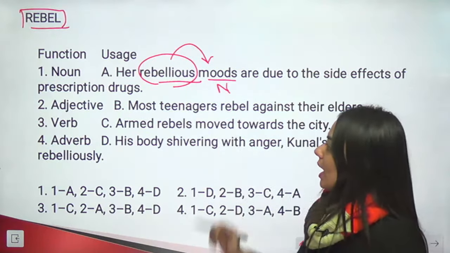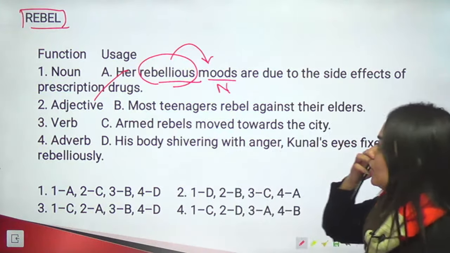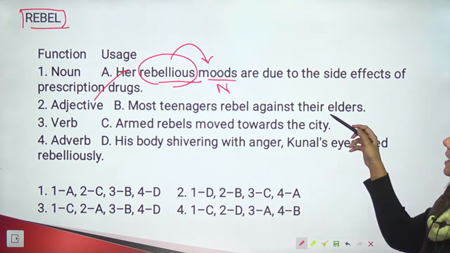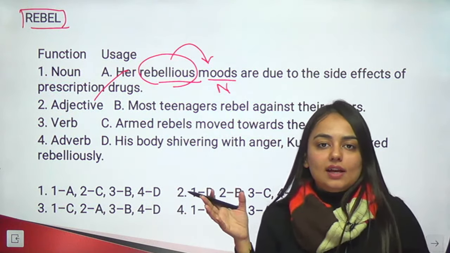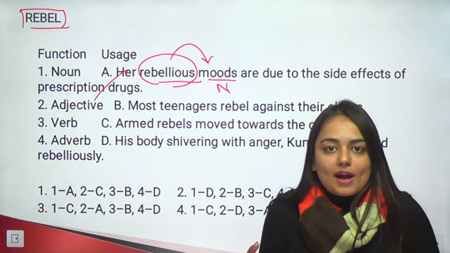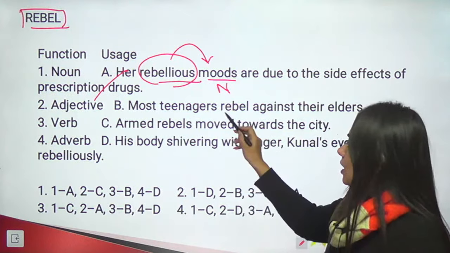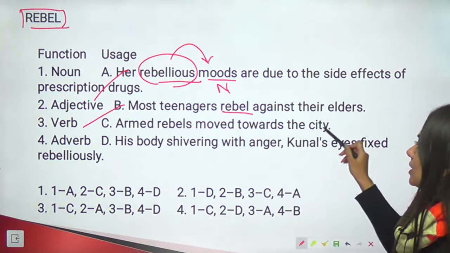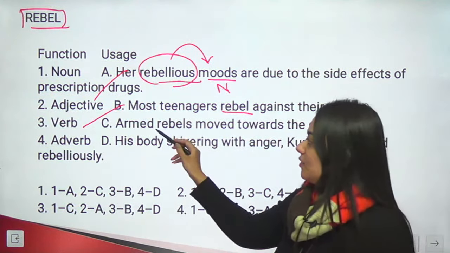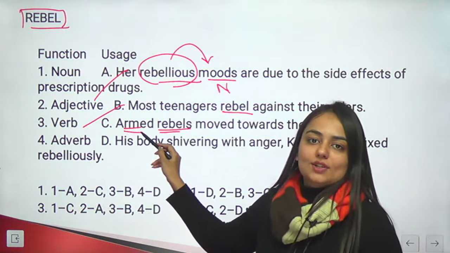तो ये हुआ adjective. Most teenagers rebel against their elders. तो teenagers rebel करते हैं elders के against. तो ये rebel क्या हुआ? This is doing some action. Doing some action should be a verb. Armed rebels moved towards the city. कैसे rebels? Armed rebels. So it should be.